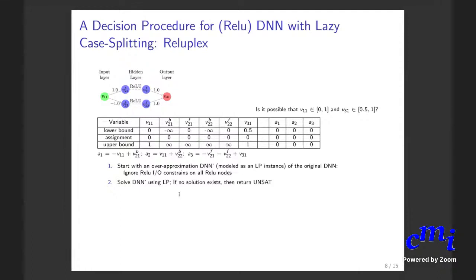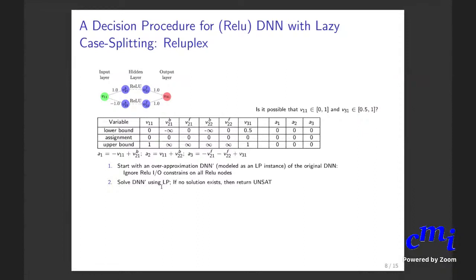When you solve it, if there is no solution for this over approximation, then there won't be any satisfying solution for the original network also, correct? Because this includes all the satisfying instances of the original network as well, because this is less constraining than your original network. So then you can say it's unsat, okay?